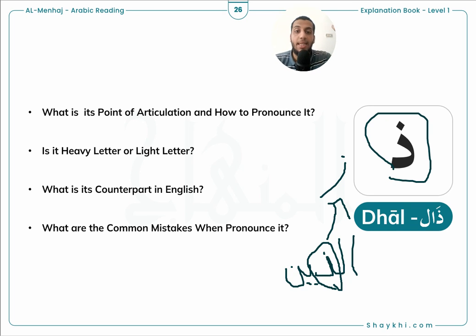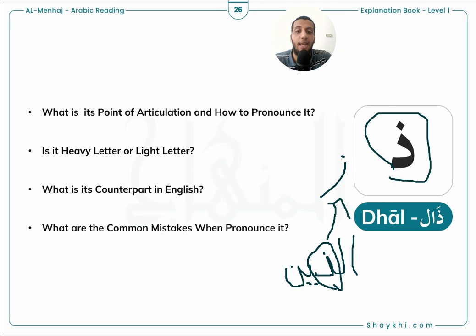So let's now take some examples from the Holy Quran. Allah subhanahu wa ta'ala says in Surah Al-Baqarah, the second surah in the Quran after Surah Al-Fatiha, in the second ayah: ذلك الكتاب لا ريب فيه.